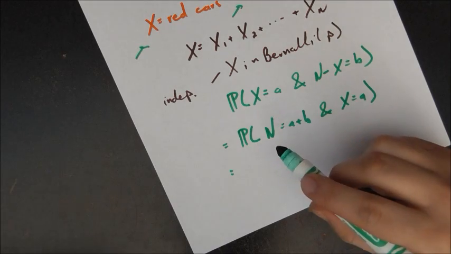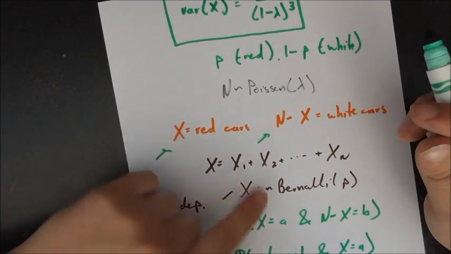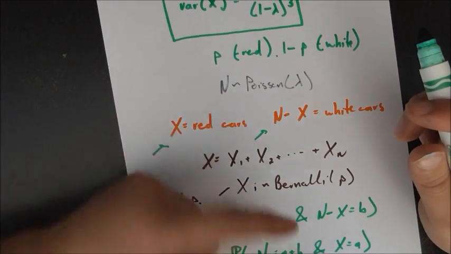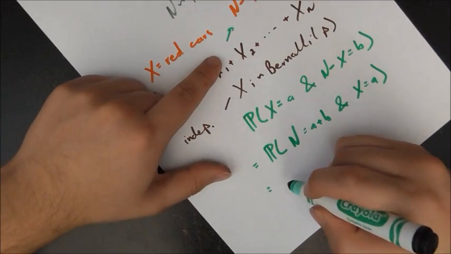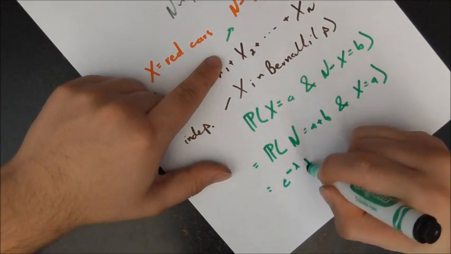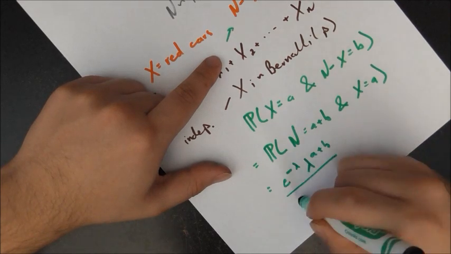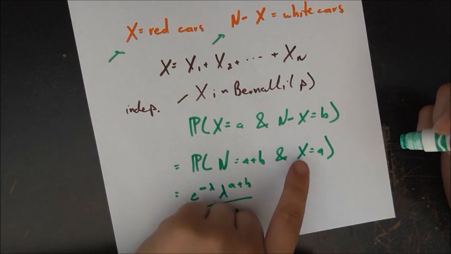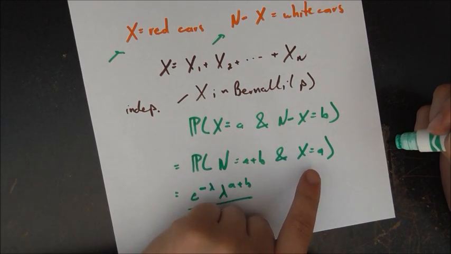So first, what is the probability that n was a plus b? Well, n was chosen to be distributed Poisson lambda. So this is just simply plugging a plus b into the PMF for Poisson lambda. So we get e to the minus lambda, lambda to the a plus b over a plus b factorial. And now we have that a of those were red.